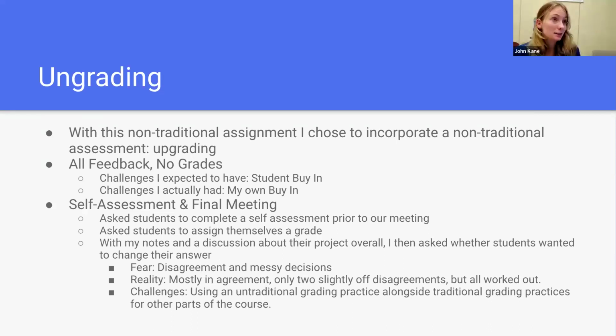So, some of that evidence included all of the drafts and all of the final products that they had worked on. I think I had mentioned before, most students submitted their scaffolded assignments about 2 to 3 times. Some students upwards of 4, 5, 6 times.